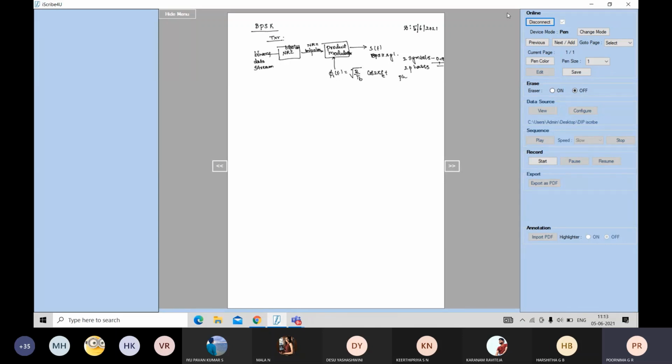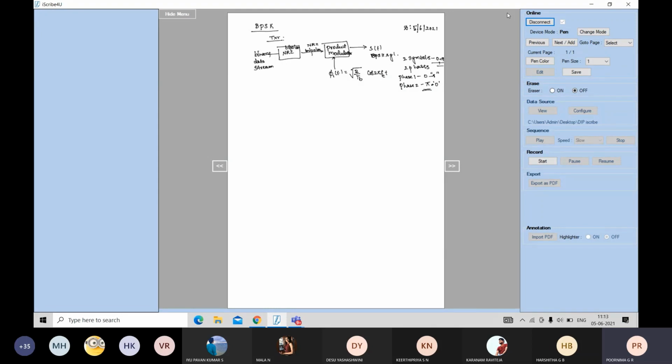Phase 1 is 0, and phase 2 is pi radians. So for symbol 1, whenever we are transmitting symbol 1, we will be adding a phase of 0, and for symbol 0, when we are transmitting, we are adding a phase of pi radians.